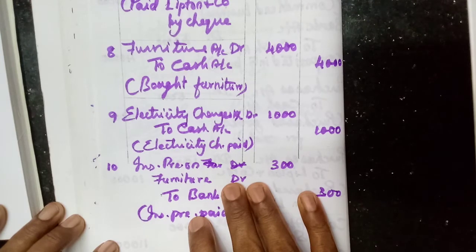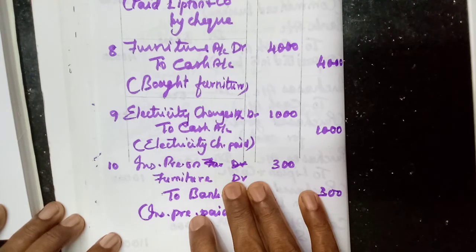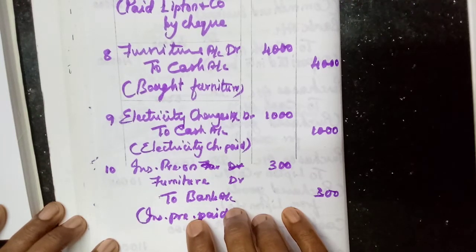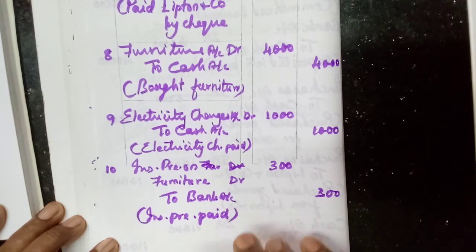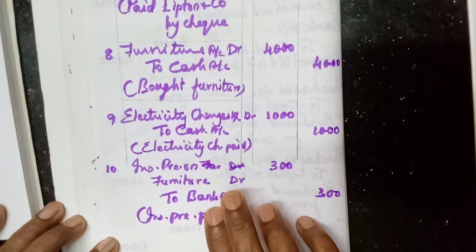So the other 2 illustrations you can see and try to understand how they are made. Again, I will not explain each and every transaction by writing in another book. So in mind we have to calculate: what are the 2 accounts involved?